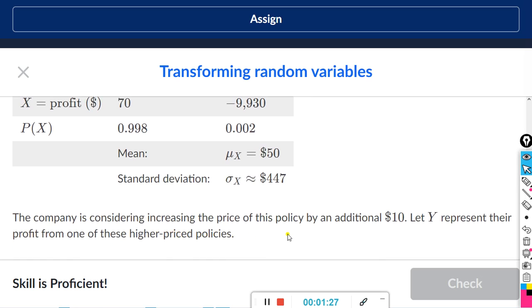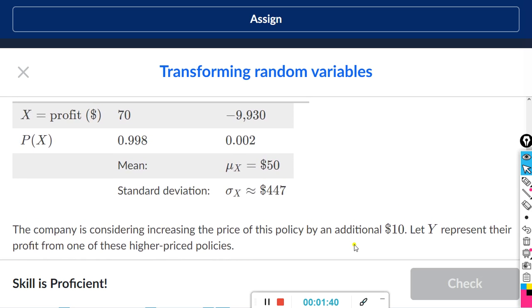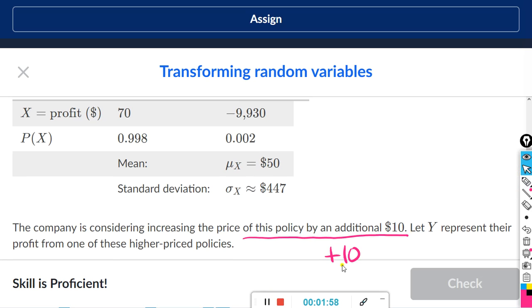The company is increasing the policy by an additional $10. Let Y represent their profit from one of the higher price policies. They want to know the mean and standard deviation of Y. They are just adding $10 to the price, so obviously their profit is going to be $10 more.